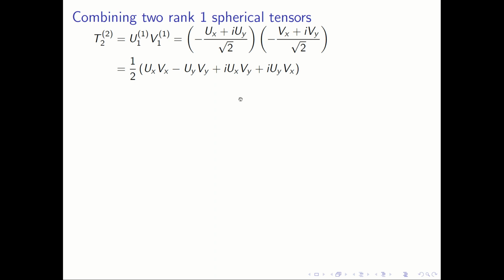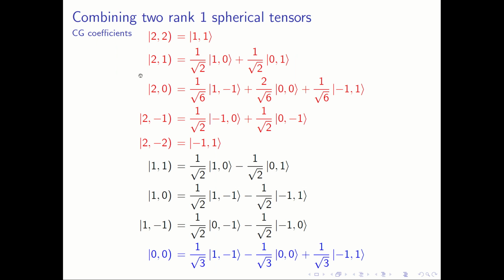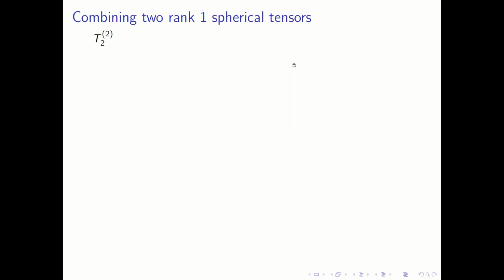Well, what is T21? Just let me go back to the Clebsch-Gordan coefficients here. T21 would be 1 by root 2 ket 1 0 plus 1 by root 2 ket 0 1. For operators, this will be 1 by root 2 u11 v10 plus 1 by root 2 u10 v11.